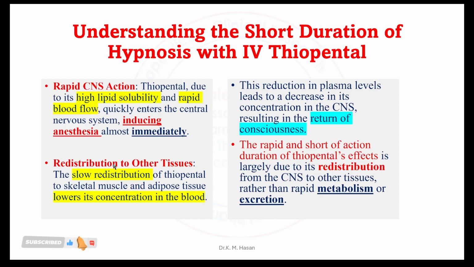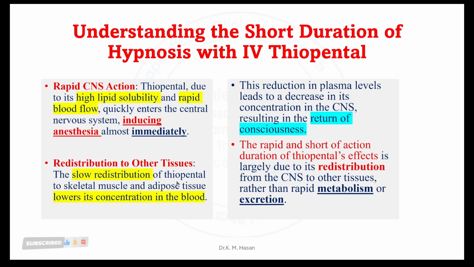Okay, what happens next? This medication starts acting after a few seconds and remains in the brain for 30 minutes, half an hour. Then the medication will leave the brain by a mechanism called redistribution, to other tissues such as fat, skin, and skeletal muscle. We call this process slow redistribution. So what happens here?